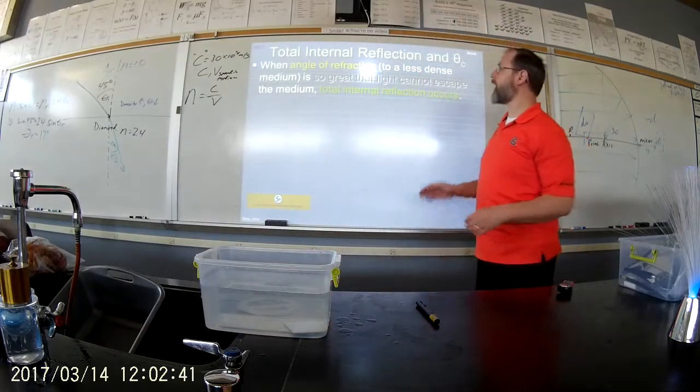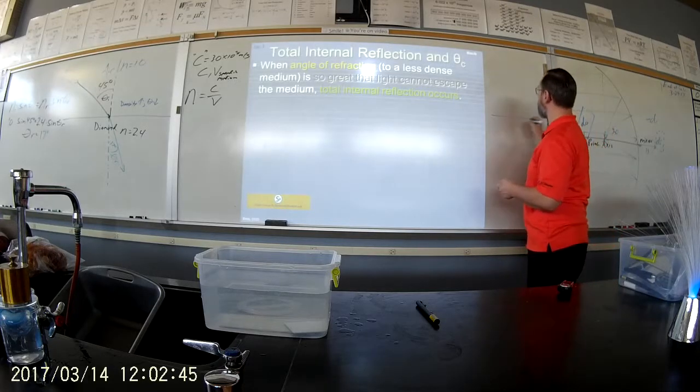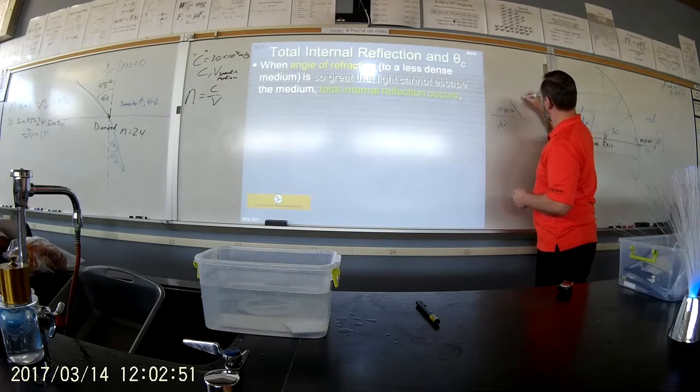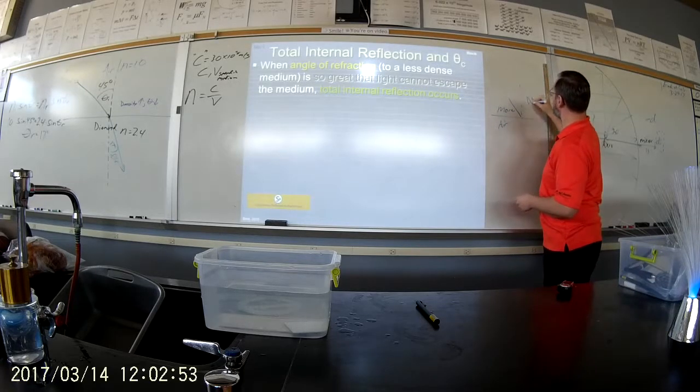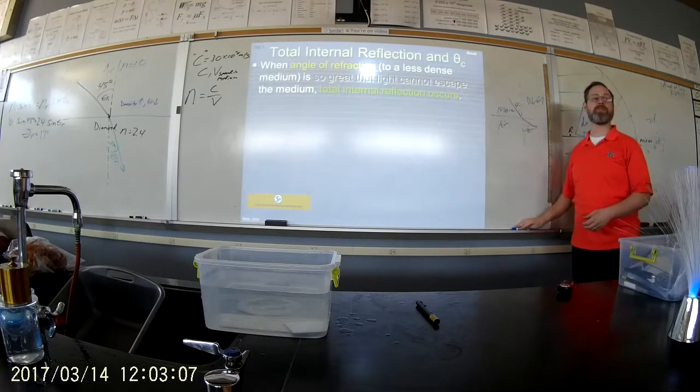If you have light going from a more dense medium to a less dense medium, like going from water to air, if density is going down, angle is going to go up. This is the angle of refraction, and this is the angle of incidence. Eventually, this angle of incidence will get so big that the angle of refraction becomes 90.